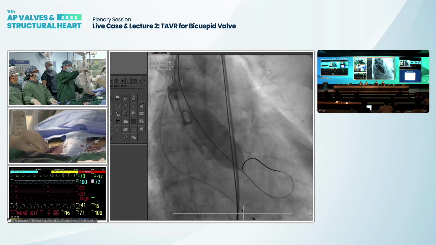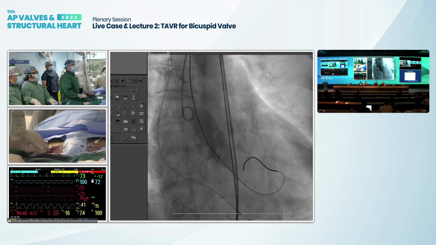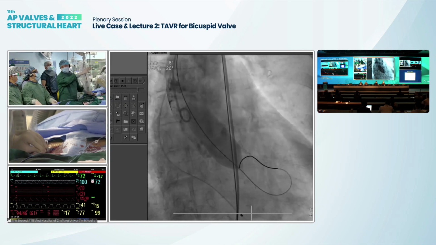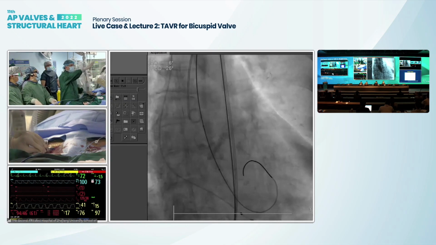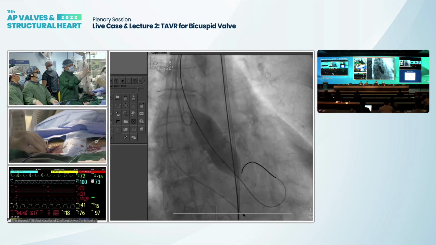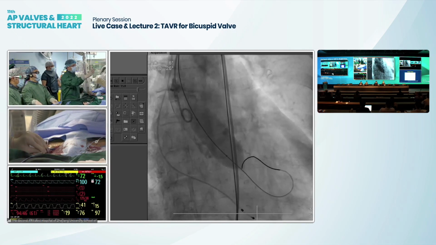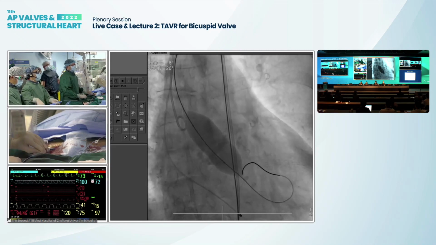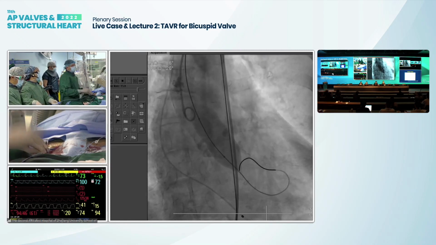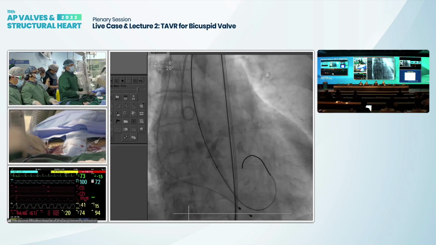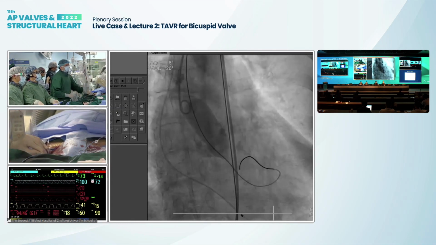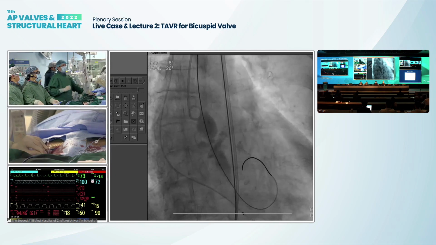From the patient, you can see when we do the angiogram, the left coronary orifice is totally open. The balloon is far away from the orifice of the left main coronary, so don't worry about the left main. And from the CT scan, we already know the orifice of the right coronary artery is very high. So we don't have any concern about occlusion of the coronary artery.